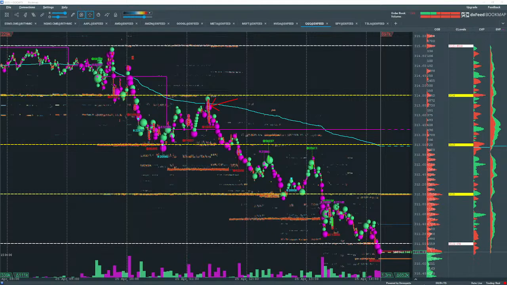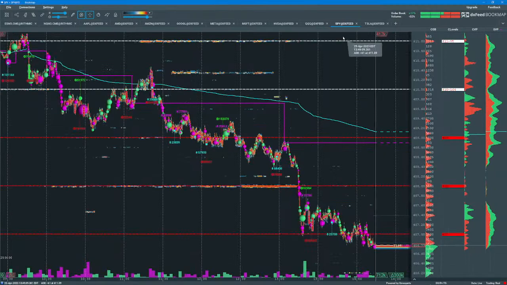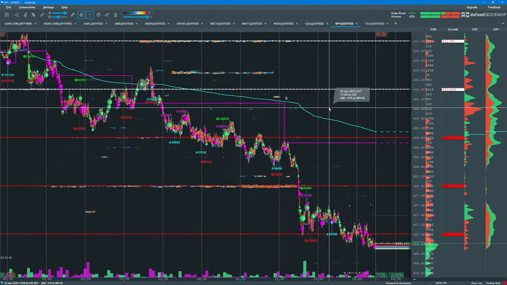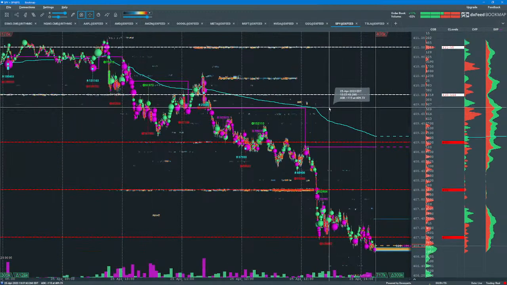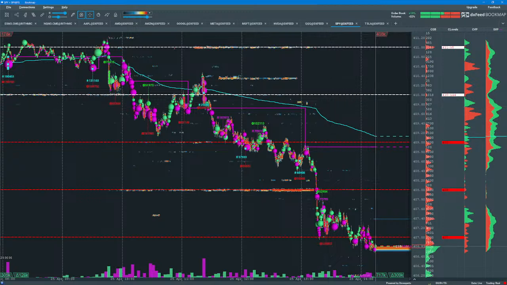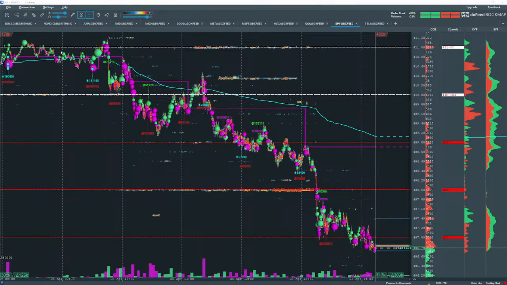All right, let's take a look at SPY now. So SPY, here's the resistance at the 411 volatility trigger first thing in the morning, just after the cash open.